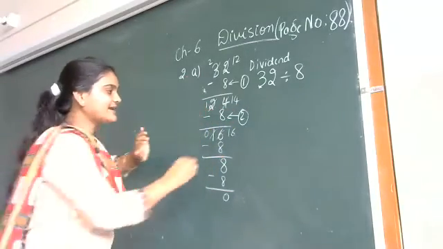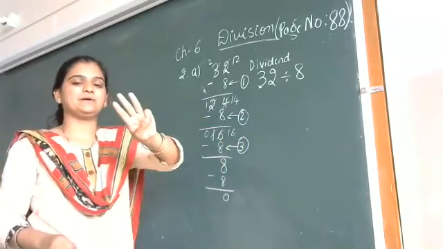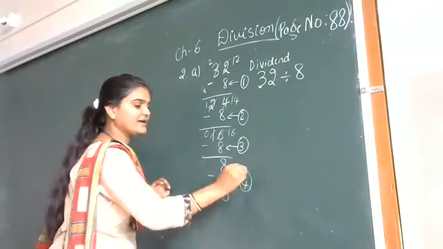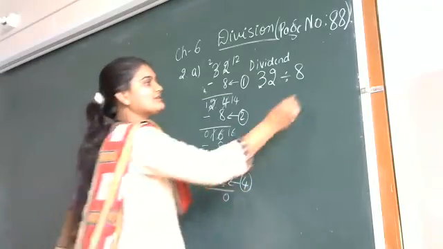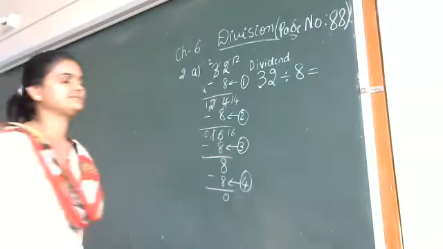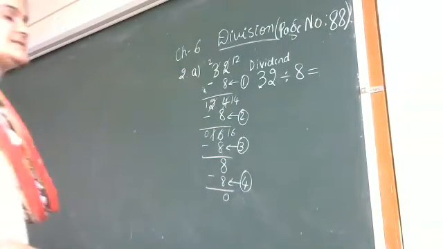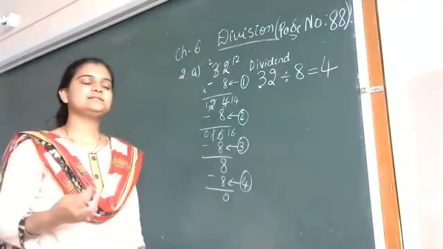Again subtract 8, it is our third time. Next, again, the fourth time subtraction. So what will be the quotient? 4. Yes, 4.